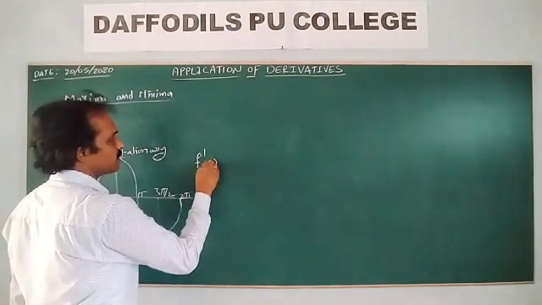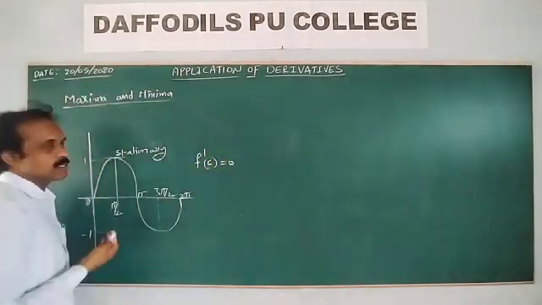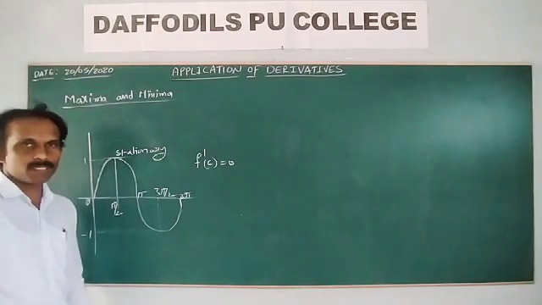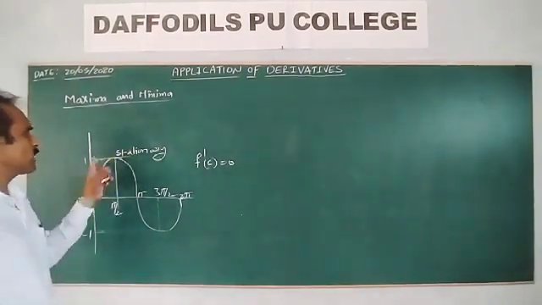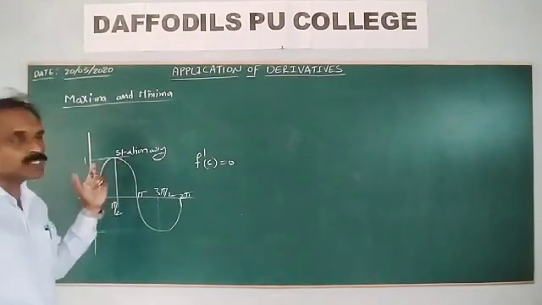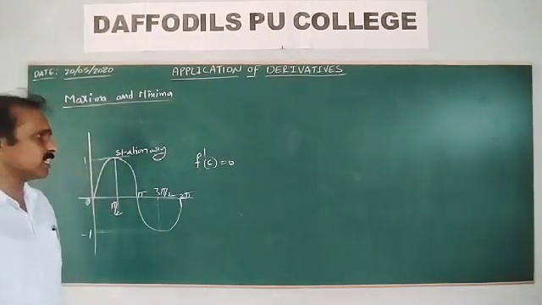f dash C is equal to 0. At pi by 2, f dash pi by 2 is equal to 0. We already discussed this concept: the slope of the tangent is 0, which means it is parallel to the x axis.